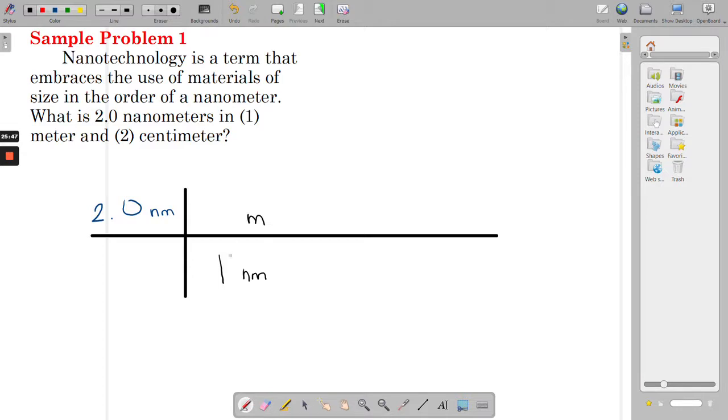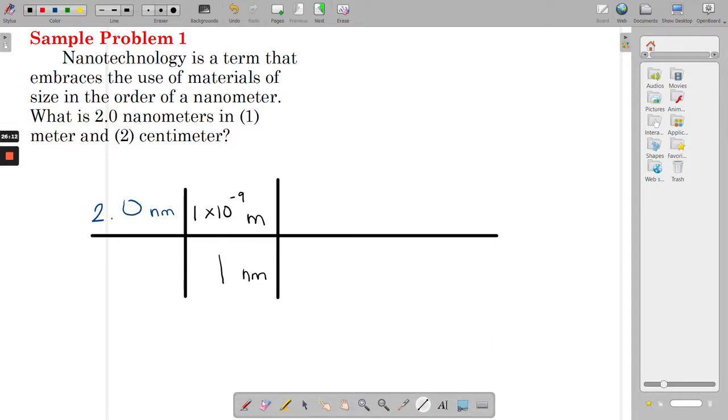Okay, and now I have to find how many meters in 1 nanometer, and we know that there is 1 times 10 raised to negative 9 meters in 1 nanometer. And then I close this.